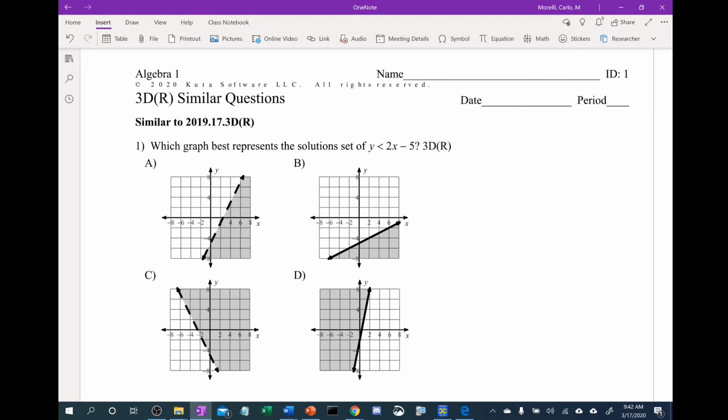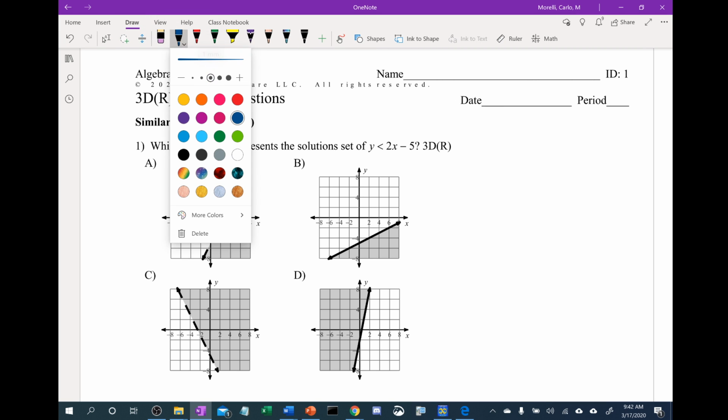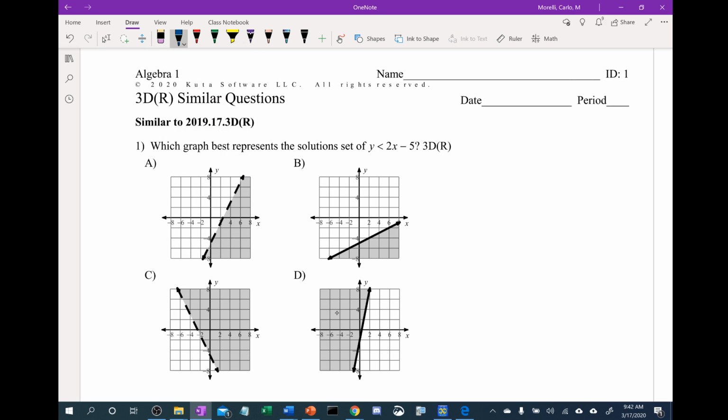So very similar to the one that we just did. Let's take a look at this problem here. Which graph best represents the solution set of y, less than, 2x minus 5? All right. So right away, we've got to figure out what this symbol means.